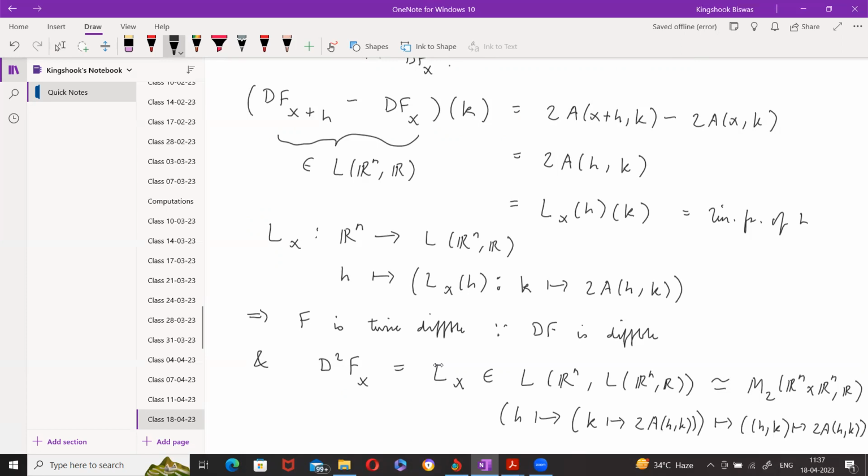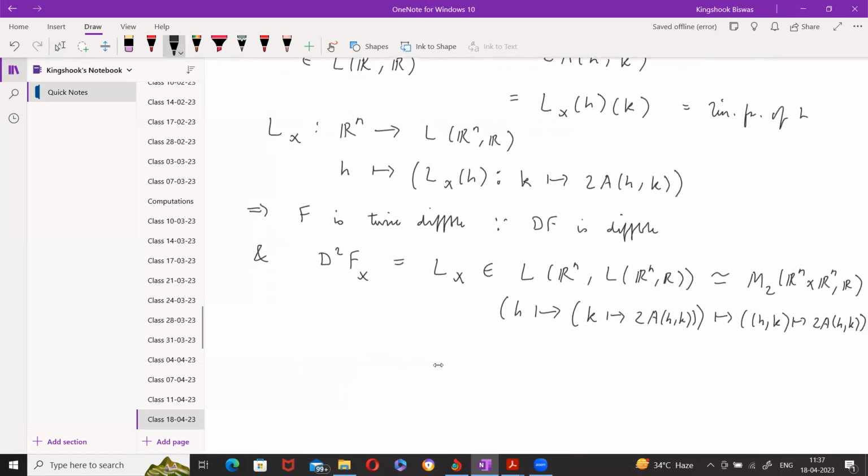Is that clear? And this is equal to the map twice A. So that's it. Okay, good.